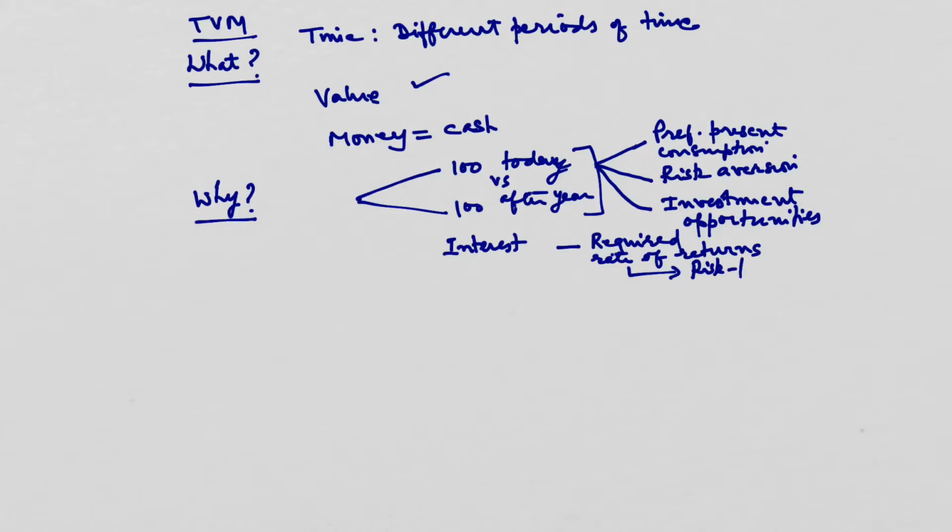There is a risk-free rate, and generally government securities offer a risk-free rate in the sense that we expect the government not to default. So there is no risk of default. While in any other investment opportunity in the market, you have risk. There is possibility of default. Of course, it may differ in terms of degrees, but there is risk of default. Therefore, for assuming that additional risk, you ask for a risk premium.